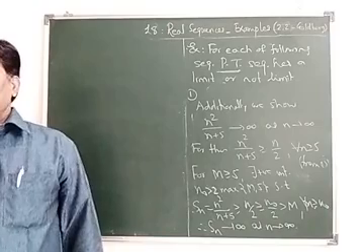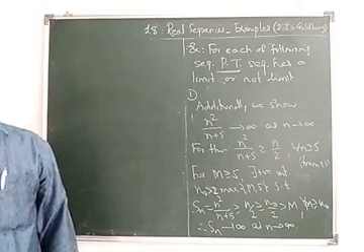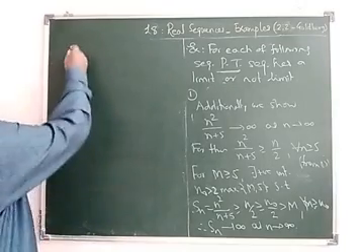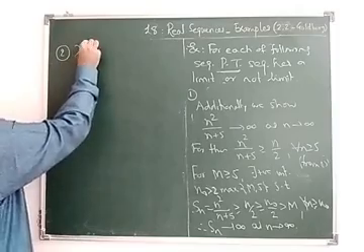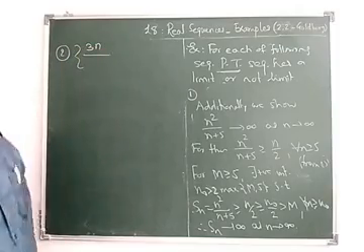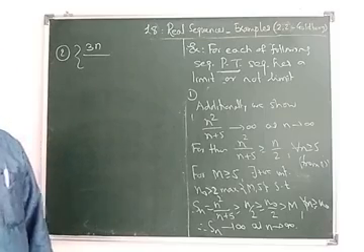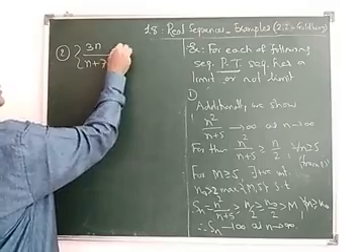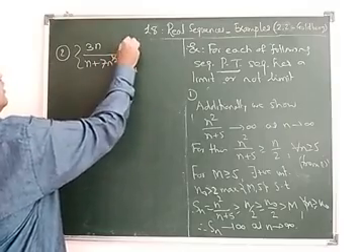Now take the next example: the sequence Sn = 3n upon (n plus 7 n raised to half), n from 1 to infinity.